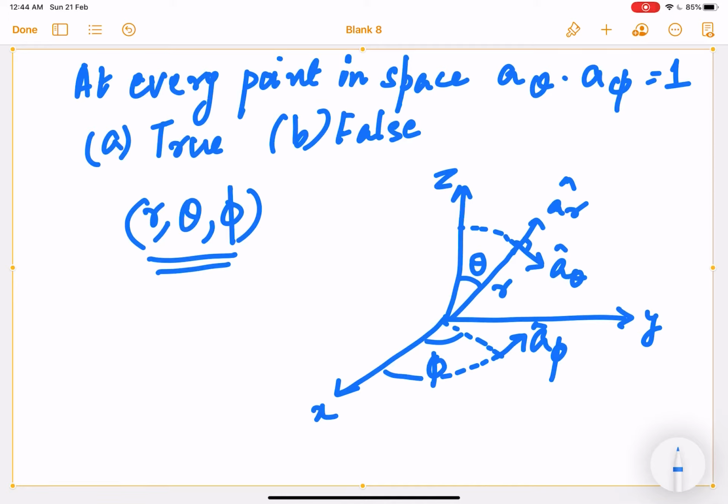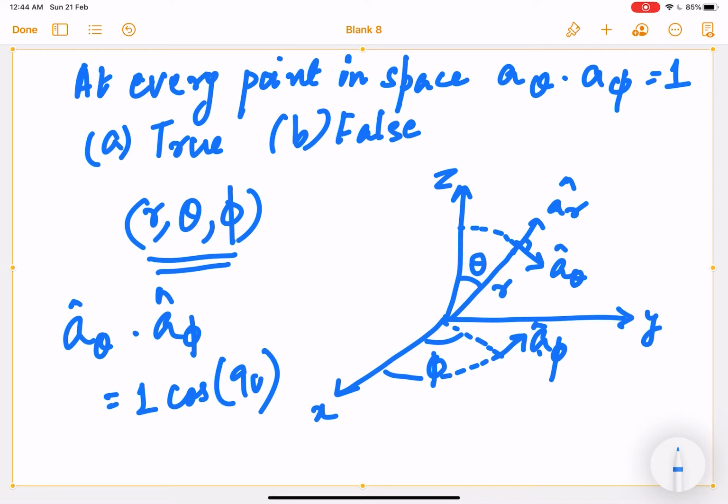That is, A phi cap is perpendicular to A r cap, and A theta cap is perpendicular to A phi cap. So suppose I have to write A theta cap dot A phi cap. The magnitude is 1, but the cos of the angle between them is cos 90 degrees, so it will be 0. So obviously this is false.